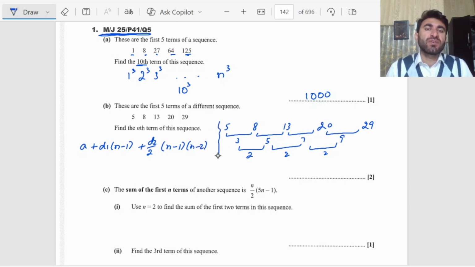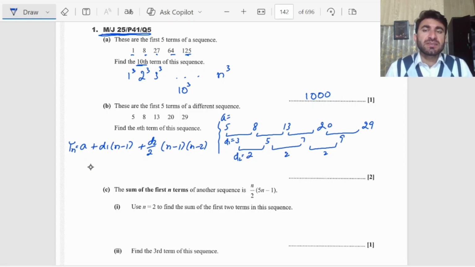That is one formula for the nth term of a quadratic sequence. Here a is the first term of the sequence, d1 is the first term of the first difference sequence, 3, and d2 is the second difference, and that is 2.